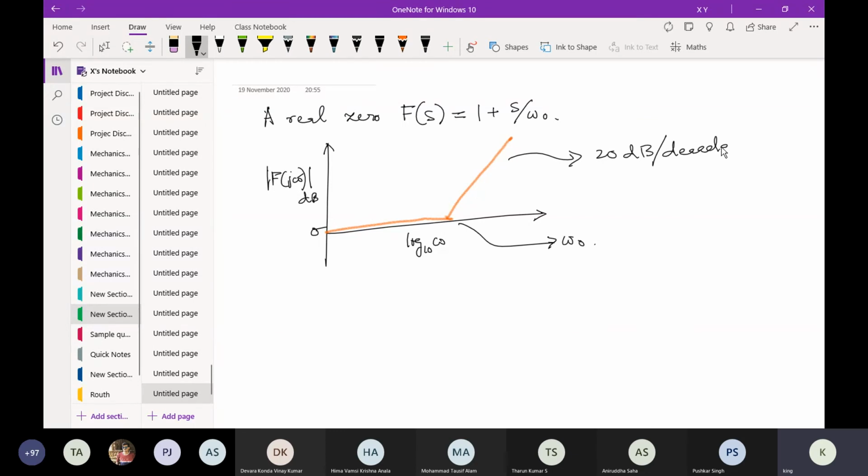Decade meaning the spacing between say 1 and 10, that is called a decade on this log axis.